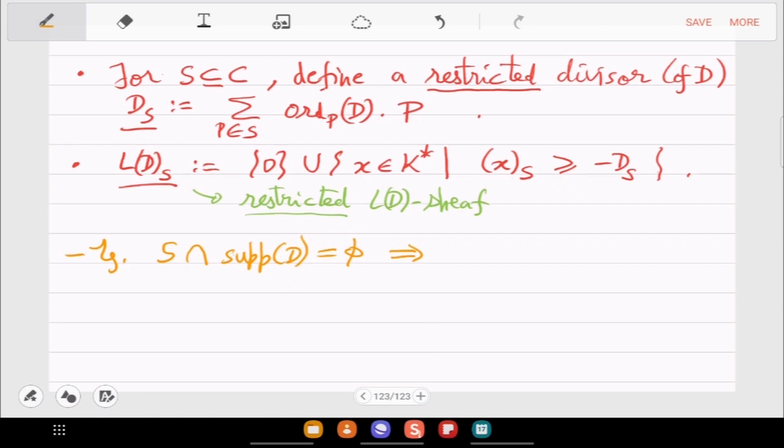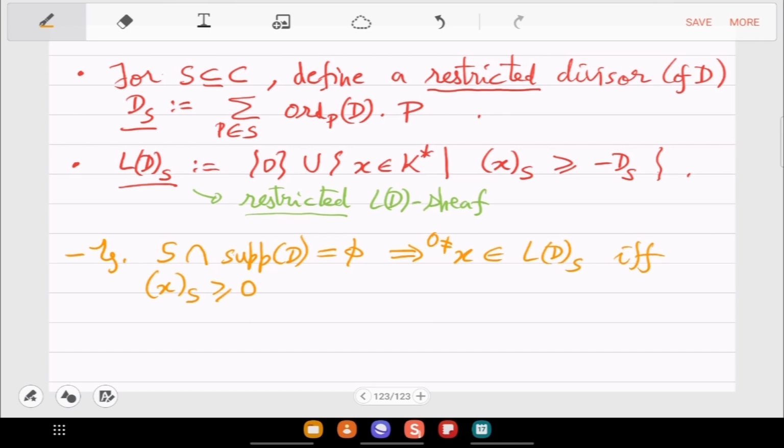then x is in LDS if and only if, so non-zero x's, if and only if this x sub S is greater than or equal to 0, right, which is exactly saying that the points which are in S, on them you want your rational function to either vanish.